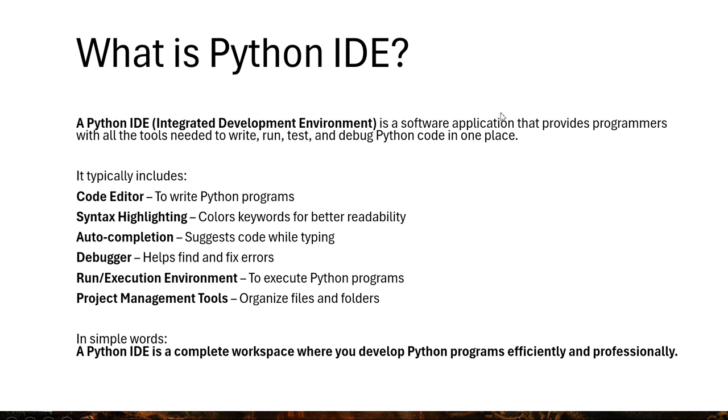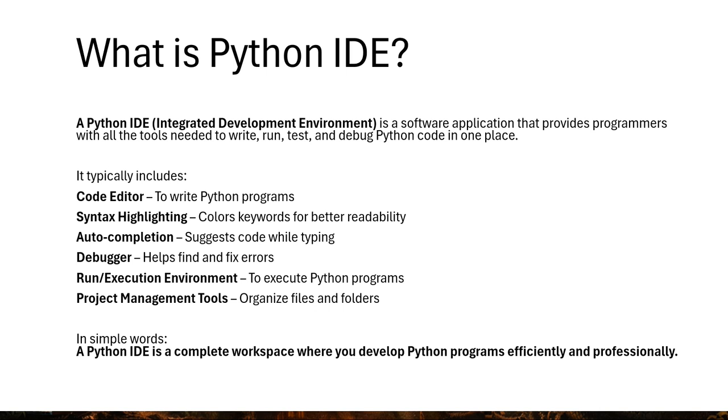Basically, this is going to be your kitchen where you will be using different tools to make recipes in the form of your programming logic. It provides you a code editor where you can write programs, then syntax highlighting. Various IDEs provide this feature, where all the keywords of Python are highlighted in different colors.